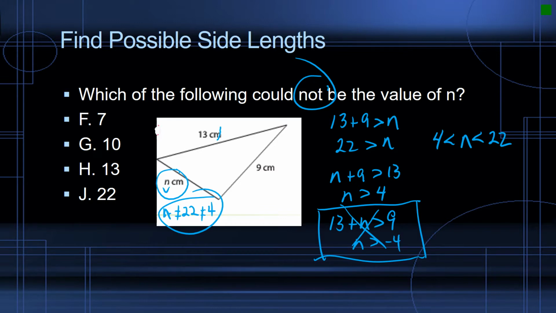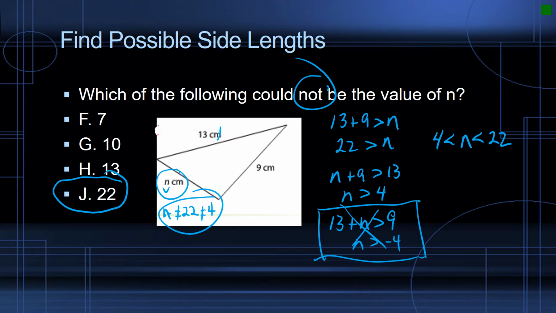Well, 7 is between 4 and 22, so that could be a value. 10 is between 4 and 22, so that could be a value of n. 13 is between 4 and 22, so that could be a value of n. But this answer, J, is 22, and n must be less than 22. It cannot equal 22. So the correct answer in this scenario is 22.